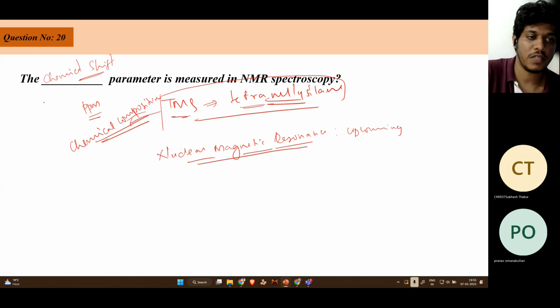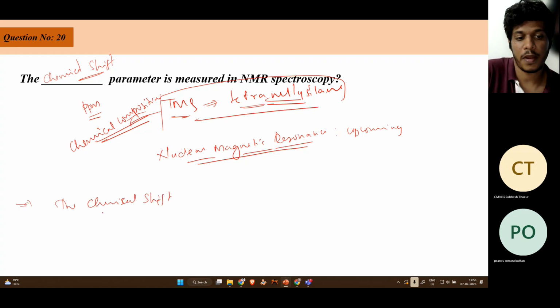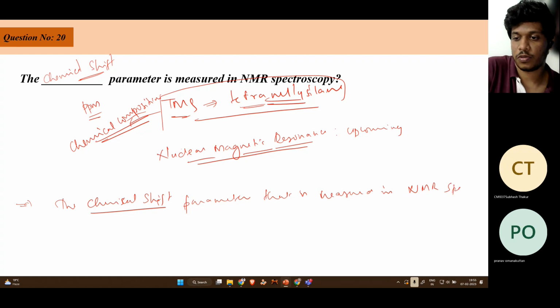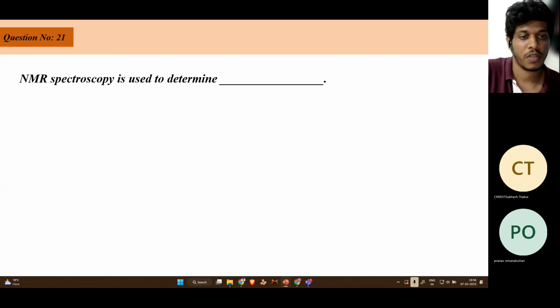So to answer this question, the chemical shift is the parameter that is measured in NMR spectroscopy. So we measure the chemical shift to understand the chemical composition of the material.